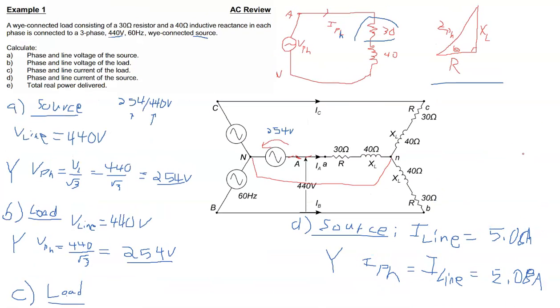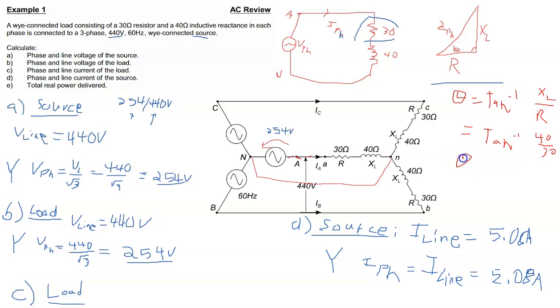And so power factor is the load power factor, and you got to go back to this triangle. For that triangle, remember, theta is the inverse tangent of the vertical component divided by the horizontal component. And so we have the inverse tangent of XL divided by R, which is 40 over 30.